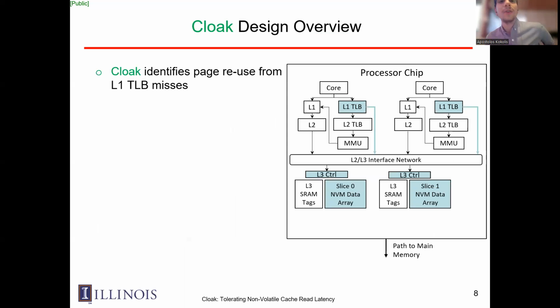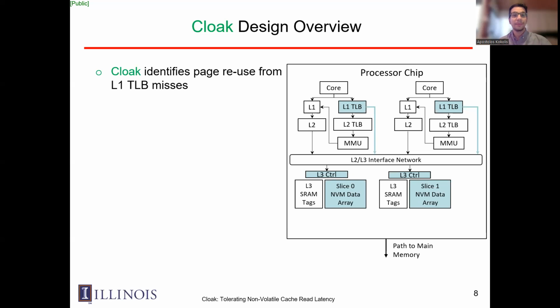So let's take a closer look at the Cloak overview. Cloak is a hardware mechanism that takes advantage of certain L1 data TLB misses to exploit data reuse in large NVM LLC caches, in order to hide the NVM's higher and non-pipelined read latency. In this graph, we show in blue all the hardware structures that Cloak needs to modify.